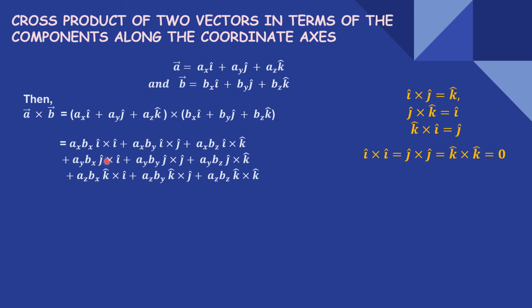So now in this equation, the terms which contain i cross i, j cross j, and k cross k vanish, because i cross i, j cross j, and k cross k are 0. So these three terms become 0, that is, ax bx, ay by, and az bz vanish from this equation. So six terms are left now.